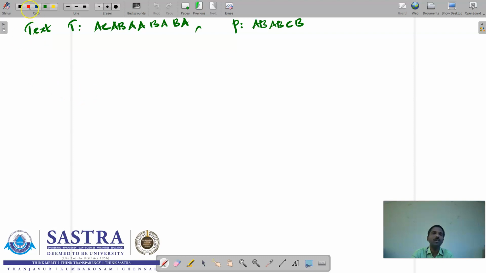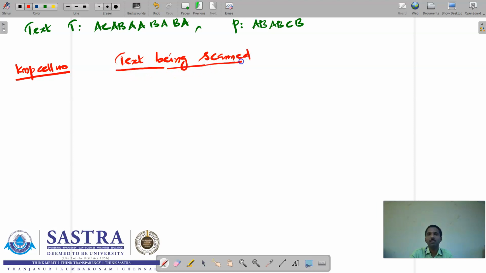Let's fix the columns so that we can easily do the trace. KMP cell number, then text being scanned. In this column we have two subcolumns.